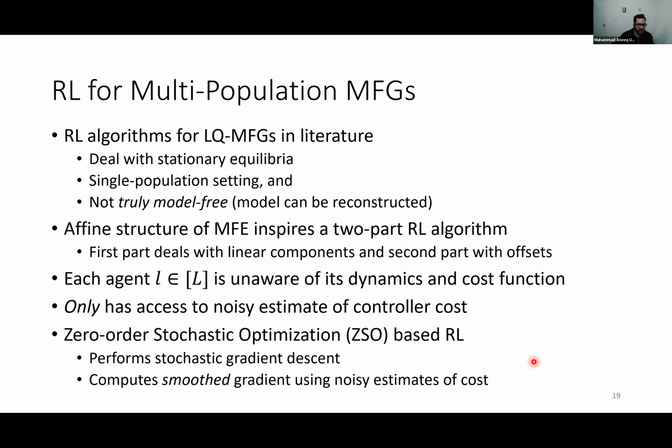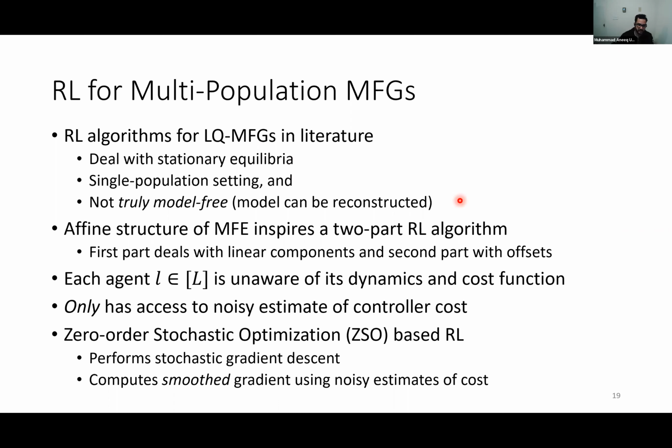So now we move on to the RL part for the multi-population mean field games, and in this presentation, I'll present an RL algorithm which deals with this. In the literature, RL algorithms for linear quadratic mean field games typically deal with stationary equilibria, and they mostly work with the single population setting, and they're not truly model free, so the model can be reconstructed from the inputs.